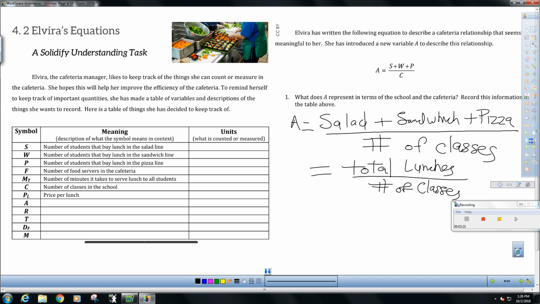So that's what A is. A is the number of lunches on average per class. Okay, we're going to move on.